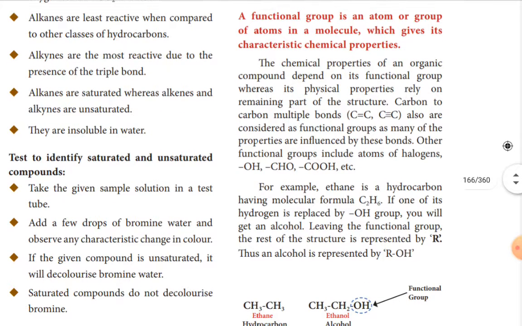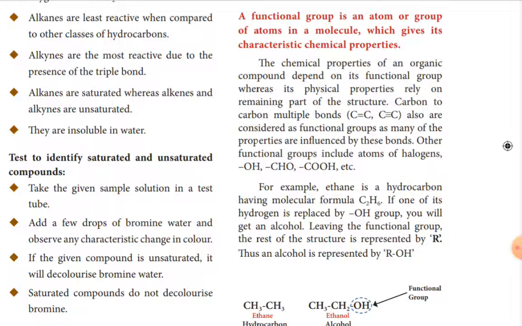That is given here. The chemical properties of an organic compound depend on its functional group, maybe OH or CHO, like that. Then the remaining portion of the structure defines the physical property of the compound.